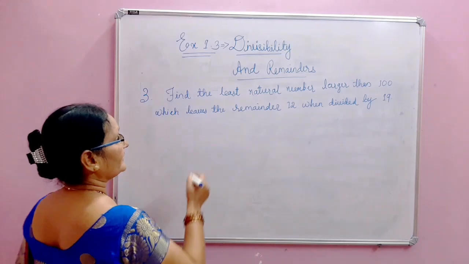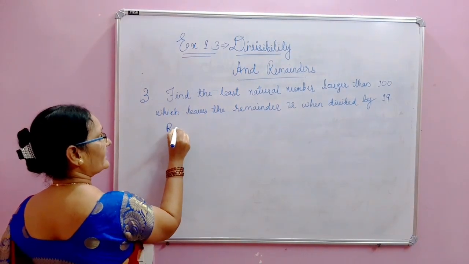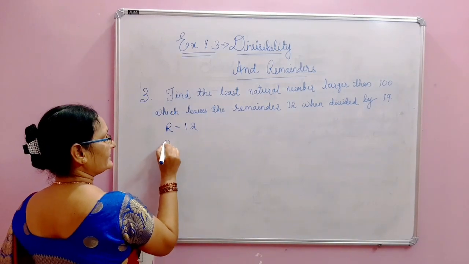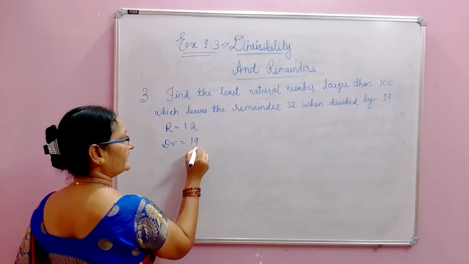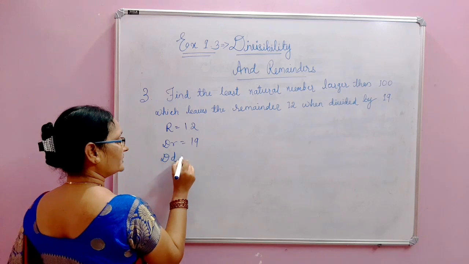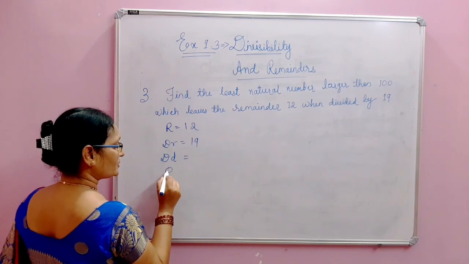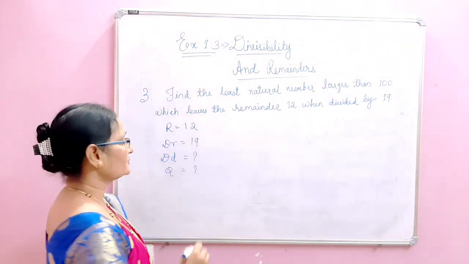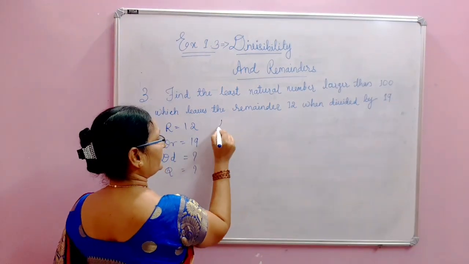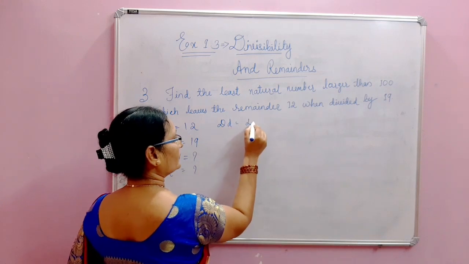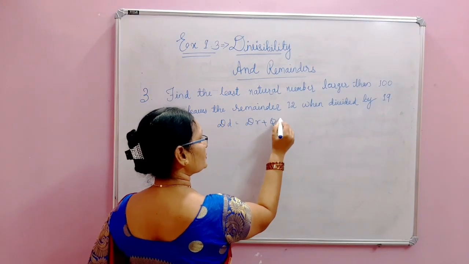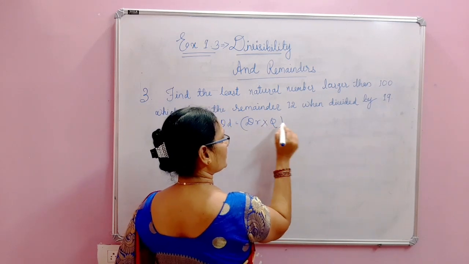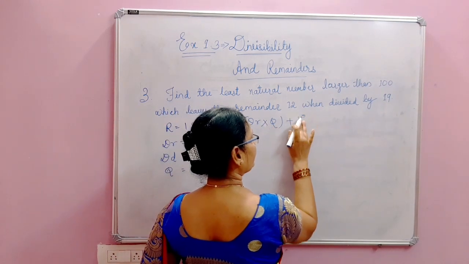See here, what is given? R is 12. Divided by 19 means the divisor is 19. Then we have to find out the dividend and quotient. These two numbers we have to find out. So, now we will write in that form: dividend is equal to divisor into quotient plus remainder.